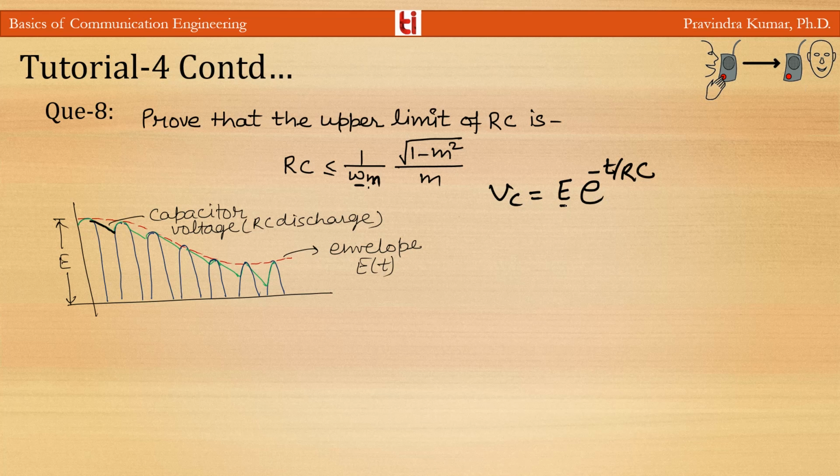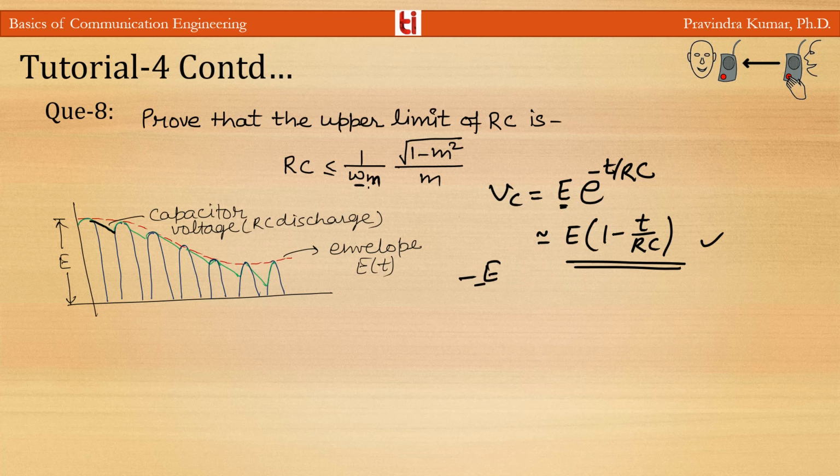Approximately, using the Taylor series, I can write E(1 − t/RC), and the slope of the discharge is −E/RC. In order to follow the envelope E(t), the magnitude of the slope of the RC discharge must be greater than the magnitude of the slope of the envelope E(t).